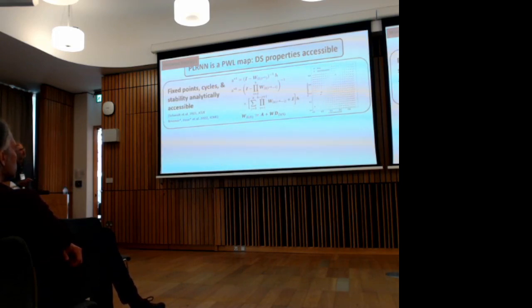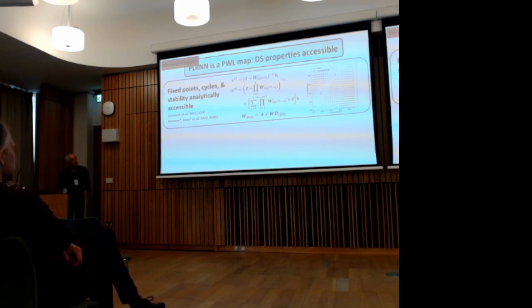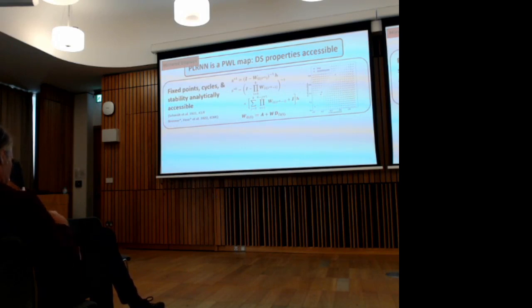So you have these closed form expressions, and this shows it on a Wilson-Cowan example. Here we train a piecewise linear recurrent neural network on Wilson-Cowan equations time series, and it shows the agreement in fixed point locations and vector field.